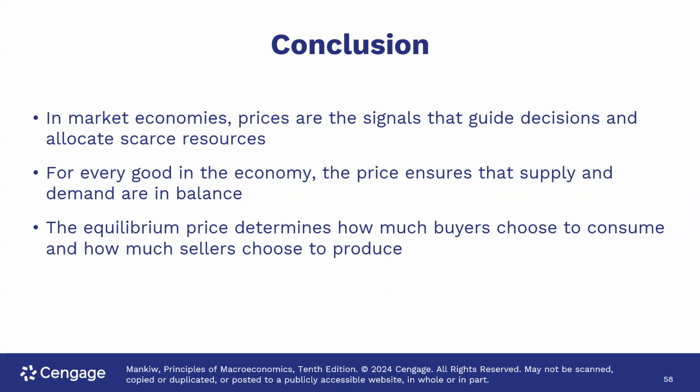For every good in the economy, the price ensures that supply and demand are in balance. The equilibrium price determines how much buyers choose to consume and how much sellers choose to produce. So the equilibrium price is exactly the market price.